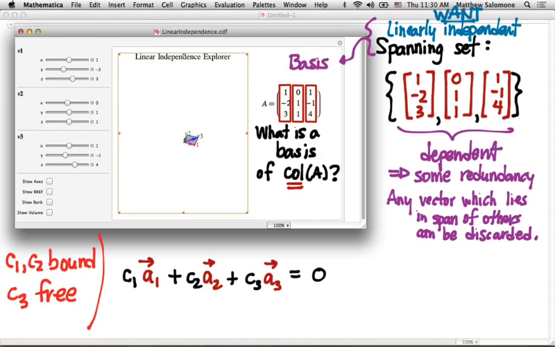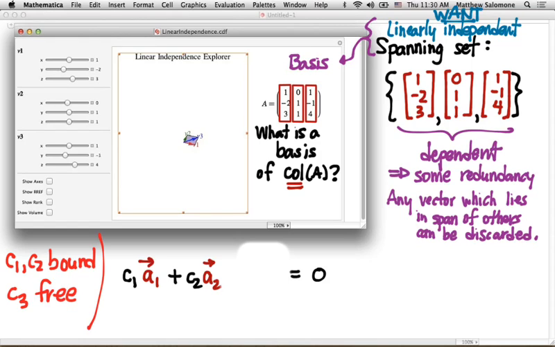If I just ditch C3, if I ditch this whole term here, and I can ditch that whole term by ditching the vector A3. So if I forget that that term is there, get rid of the plus sign there too. Now this equation is going to have unique solutions because C1 and C2 are still going to be bound variables even after I get rid of the third vector and its free variable coefficient.